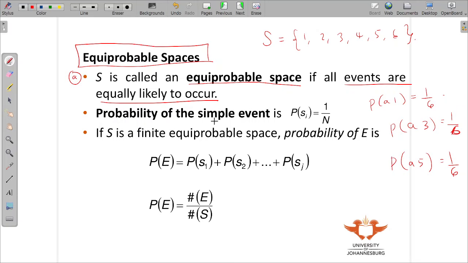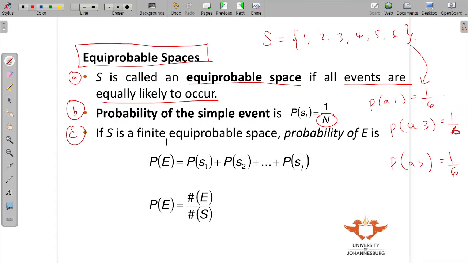Now, the probability of a simple event is just 1 over n, where n is the total number of outcomes, which is 6 in this case. So the probability is 1 over 6. Let's see this definition.